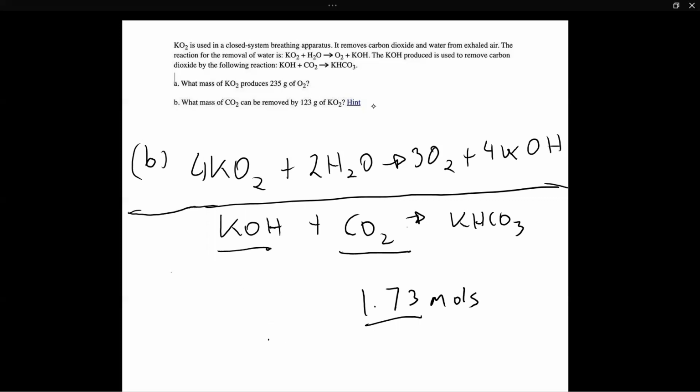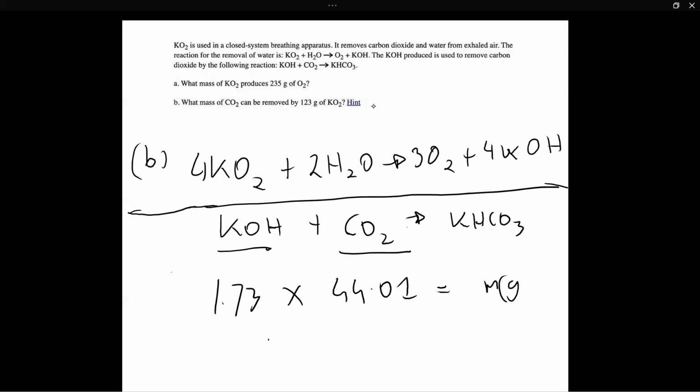So now we can calculate the mass of CO2 which will be removed, which is fairly simple. 1.73 times the molar mass of CO2, which is 44.01, gives us the mass of CO2 in grams. And this is equal to 76.13 grams of CO2 will be removed.